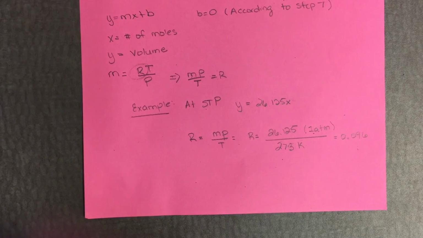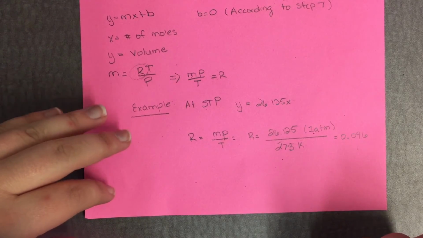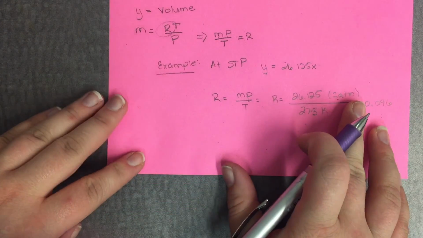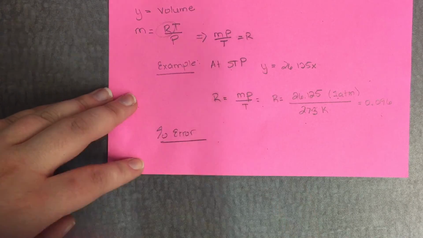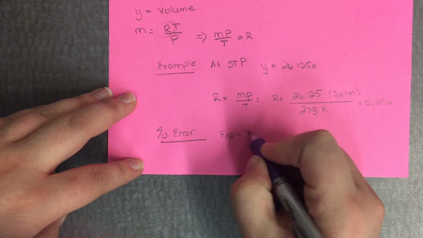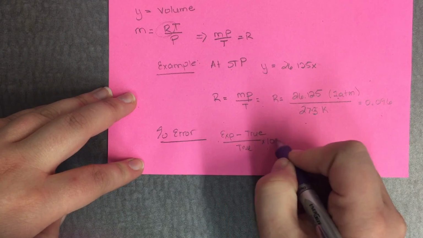This is obviously very wrong because the R value is 0.821. So for my percent error, which is the last thing you have to calculate, it's going to be experimental minus the true value divided by the true value times 100.